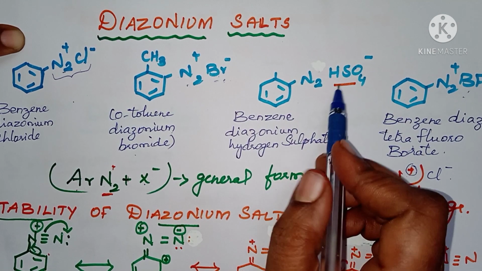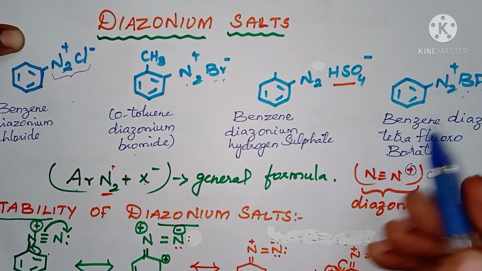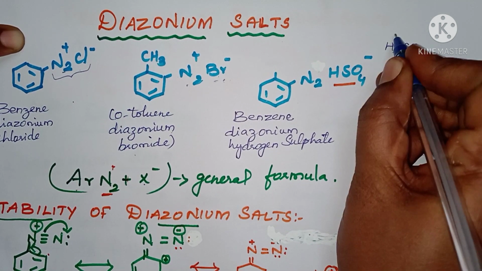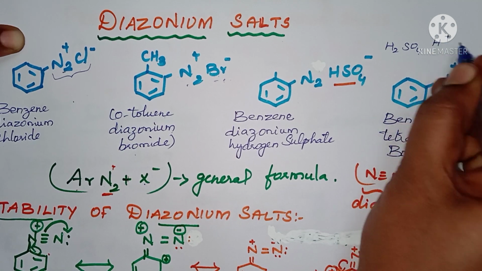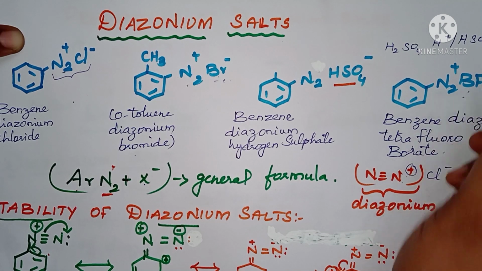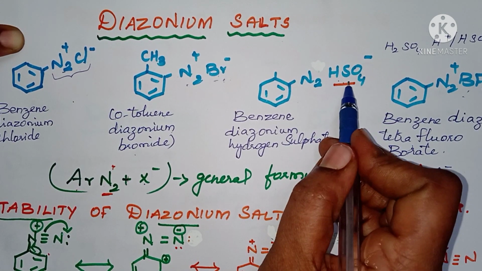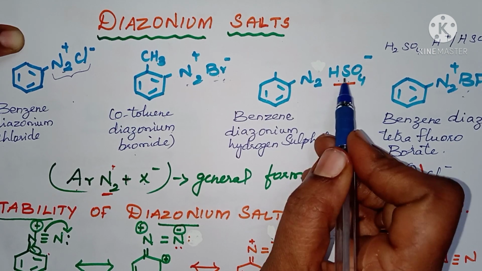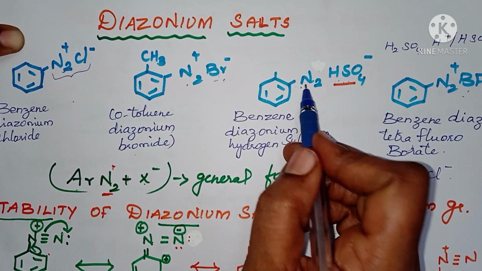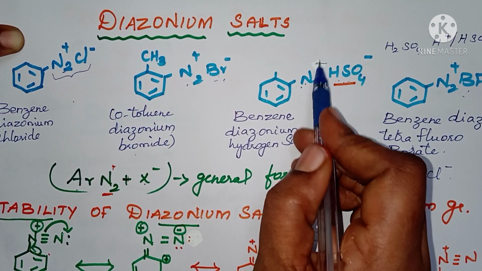Okay, next one, this is HSO4 minus. H2SO4 means H plus and HSO4 minus. So wherever a negative electronegative group will be attached to this azo group, that means N2 group, N2 will be the plus point and this will be the minus point.